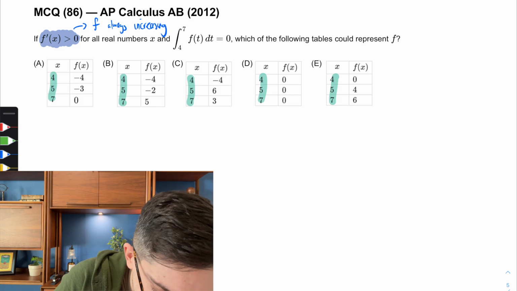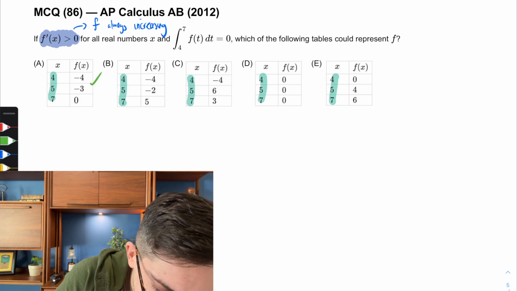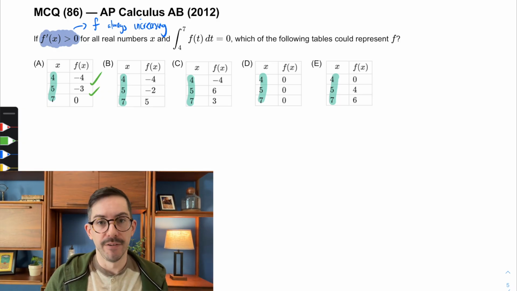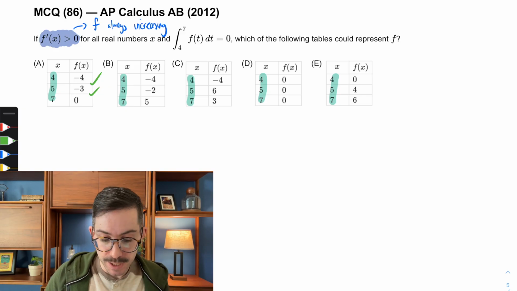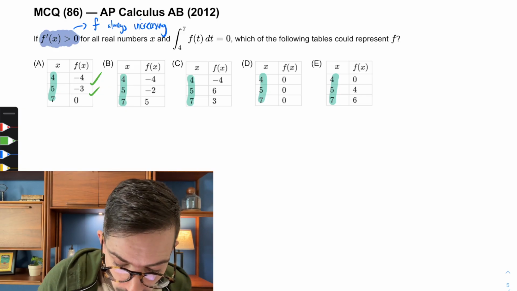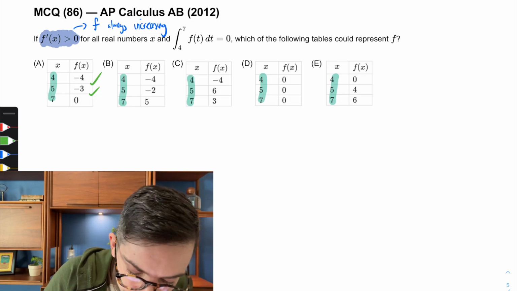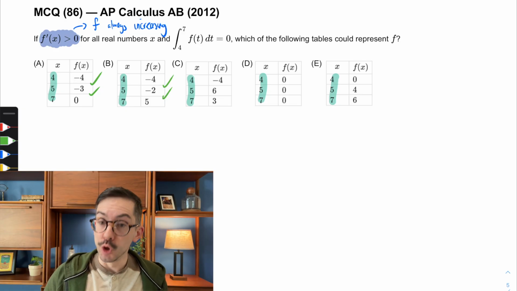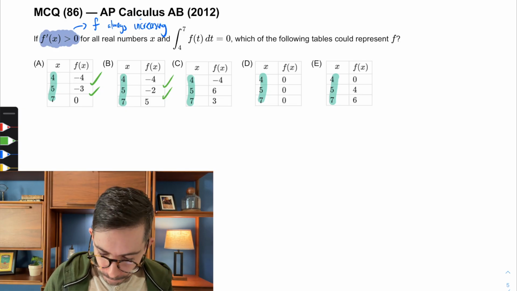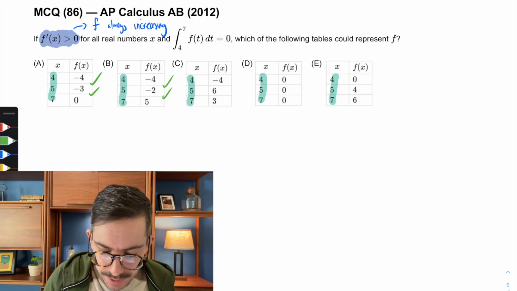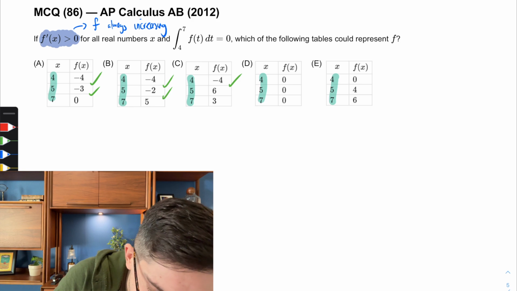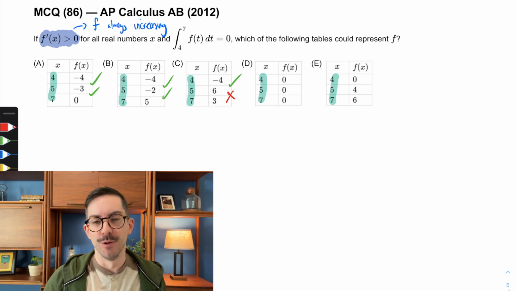So let's see. Here, -4 up to -3, that is good. -3 up to 0, yep, that is an increasing table of values for a function. So that is possible. Similarly, for option B, -4 increases to -2, which increases to 5, could be choice B. But you can see we get an issue with possibility C because -4 increases to 6, but then 6 drops back down to 3.